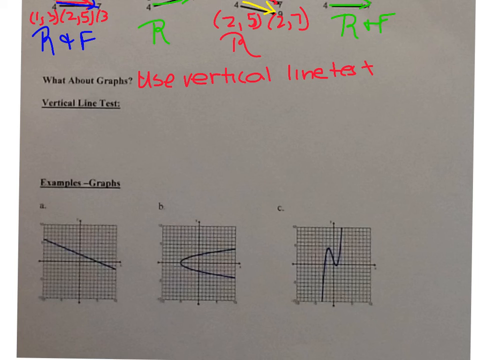Okay, so what is the vertical line test? The vertical line test is if you can draw a vertical line anywhere on the graph and it hits it only one time, then it's a function. It can only hit it once.